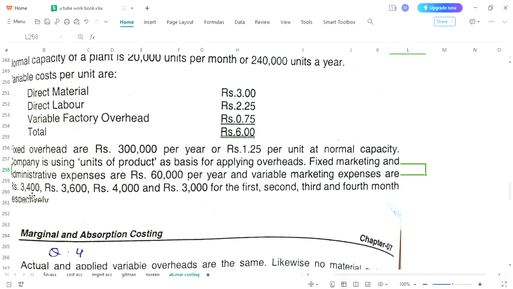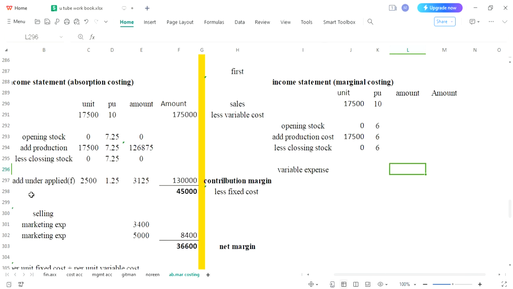For first month it is 3400. So what we will do, extra variable expenses would be put over here. These are marketing expenses. In absorption costing, we do write marketing expenses after calculation of gross profit. But here in marginal costing, we write all types of variable expenses before contribution margin.